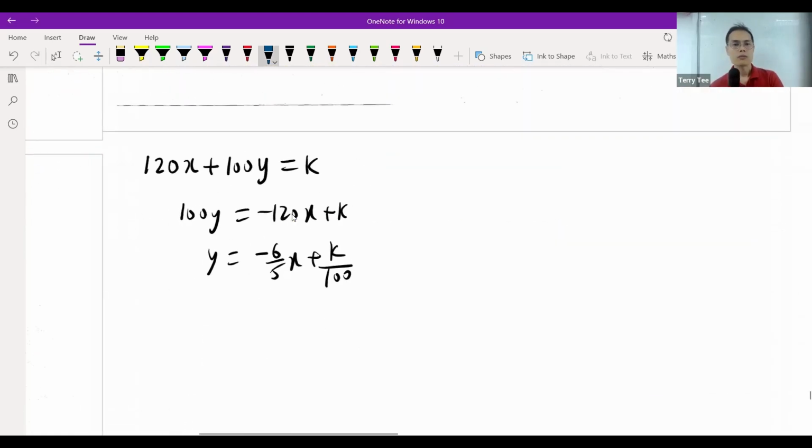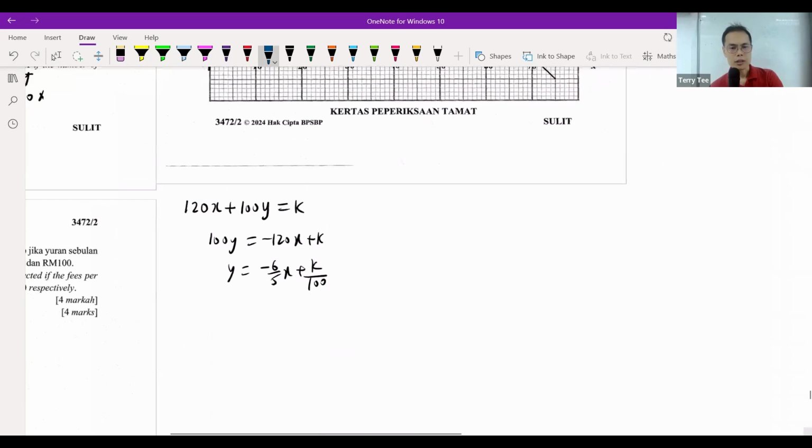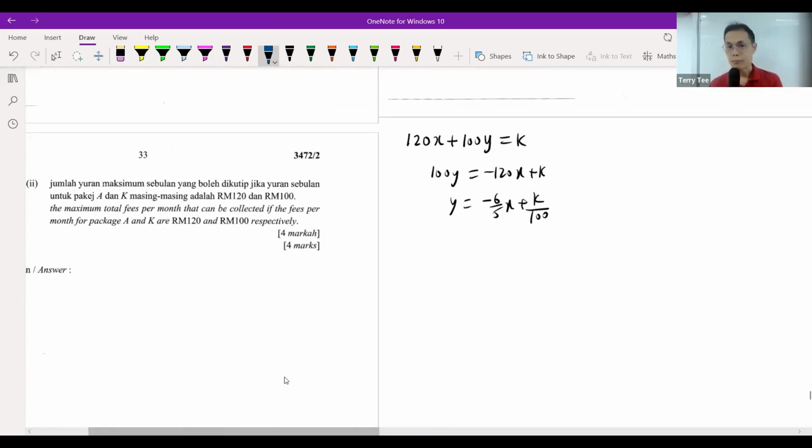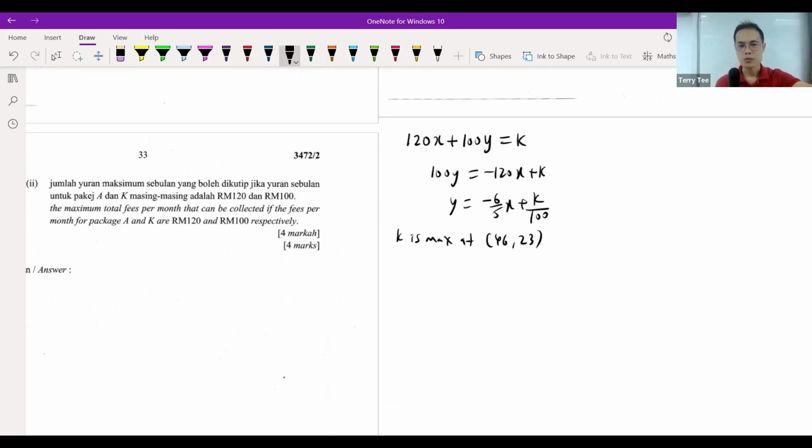We have identified the coordinate that gives us the largest y-intercept, which would make your K the largest possible maximum. So K is maximum at 46, 23. The maximum value of K, which is the total fees collected, is found by substituting the x and y values into your objective function.